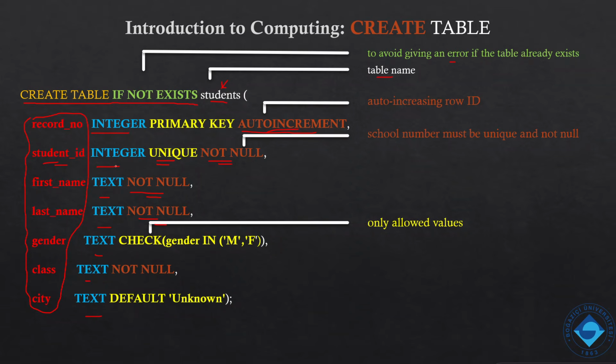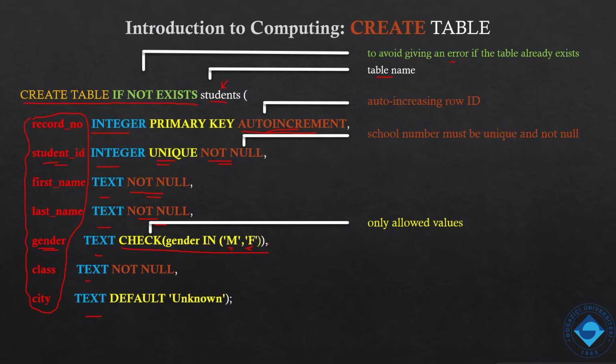And first name, last name, they can't be null. And I want to take your attention here. If you can see, this part means only the values male and female are allowed. It means we can't assign gender anything except male and female.